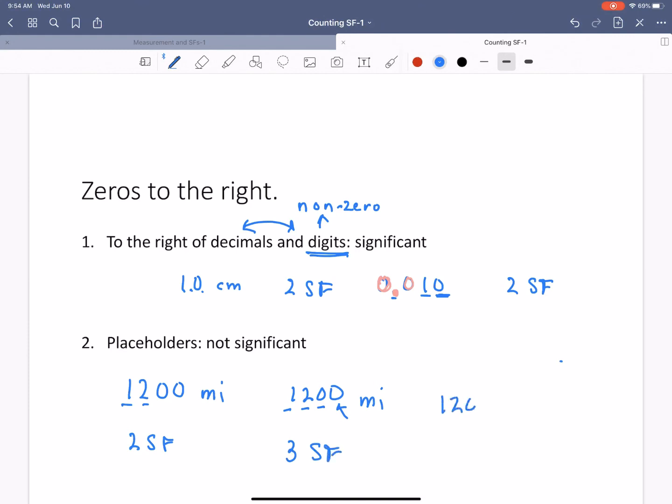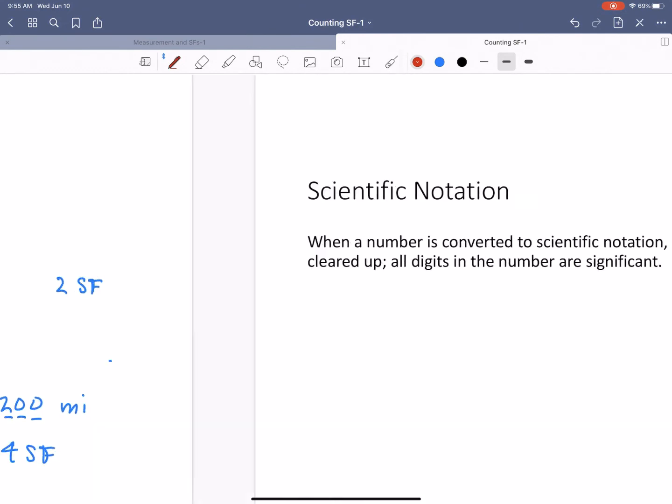Or maybe measured, estimated, no placeholders, 4 sig figs. So we would say that when we have a whole number ending in 0, it's a little ambiguous. So whole number means there's not a decimal and some numbers after it. And ending in 0, we have to decide, does that 0 mean something or is it just a placeholder?